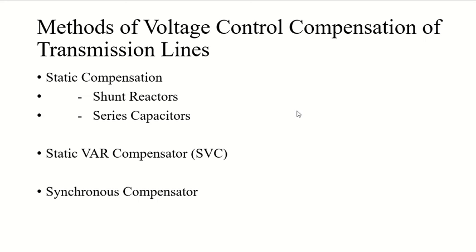So the maximum VAR transferred over one line will be fixed, right? It will be fixed by the voltage profile only. So at the time of peak load, what will happen? The VAR demand of your load will exceed the maximum VAR limit which is specified by your voltage profile. And when such a thing happens, your system voltage at some of the buses will become lower than the nominal voltage.